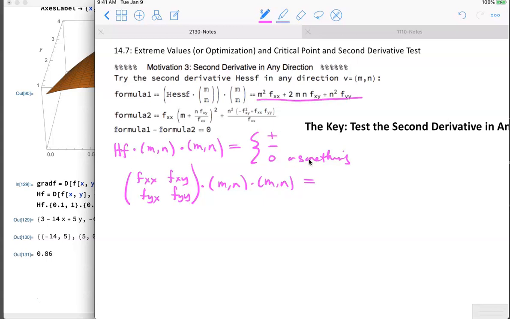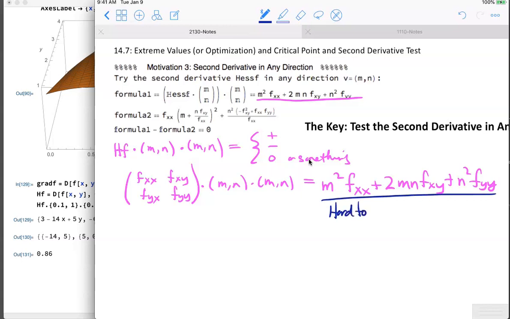According to this formula, when you multiply that out, you'll get m squared, whatever the number m is, fxx plus 2mn fxy plus n squared fyy. And this formula is rather hard to analyze, because we're trying to figure out if it's positive or negative.